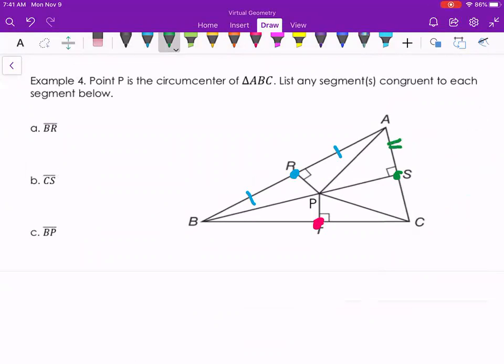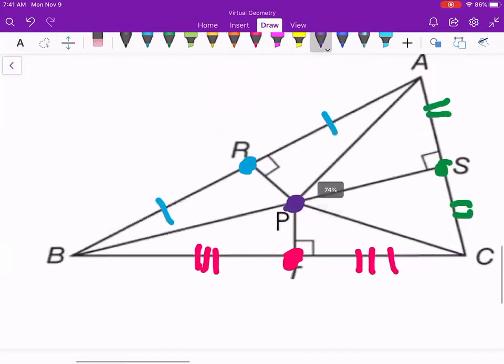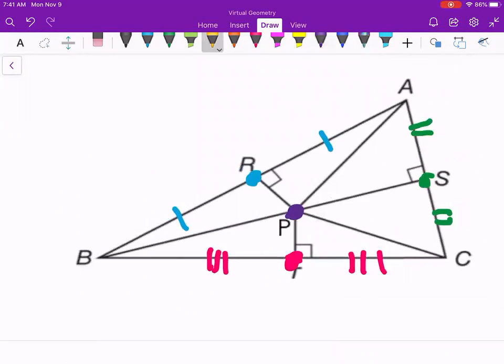Either side of S, those pieces match. And either side of T, those match. And if P is my circumcenter, then remember, P to all three corners match.